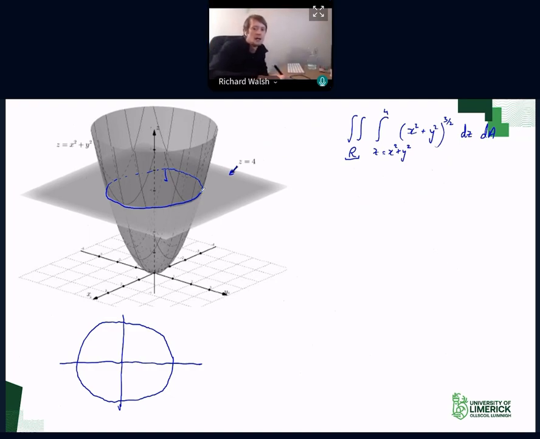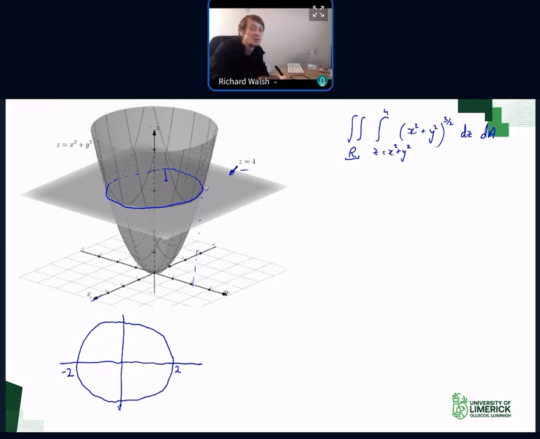Now, that circle will intersect the x-axis. This is actually this one, but it doesn't really matter. It intersects the x-axis at 2 and -2, because I know z is 4.